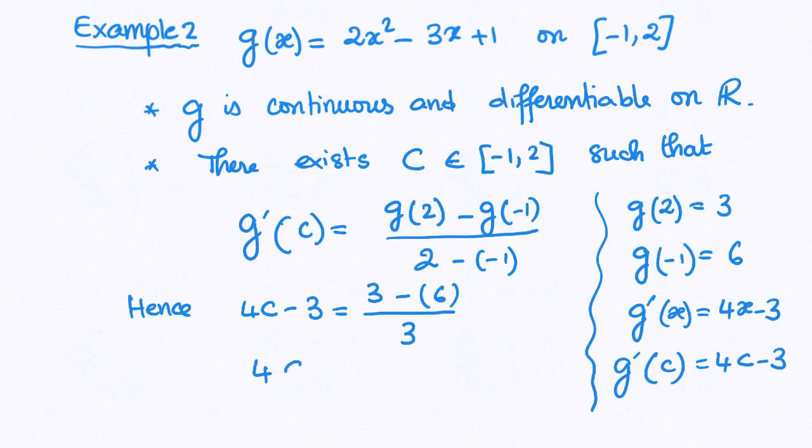So we get the equation 4c minus 3 equal to minus 1, which will give us 4c equal to 2, and therefore c is equal to half.